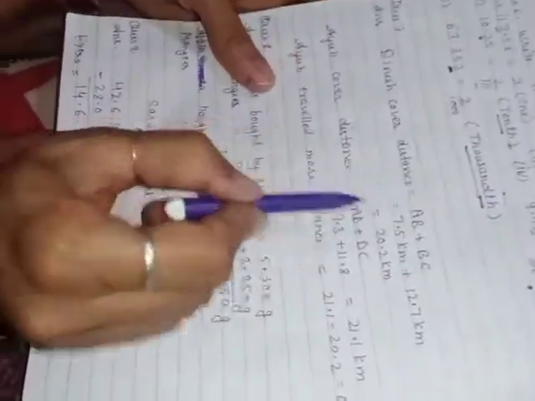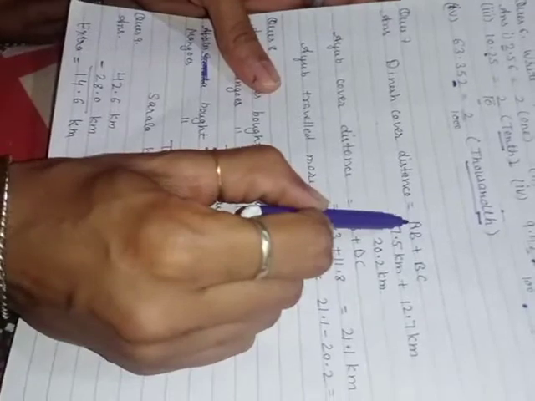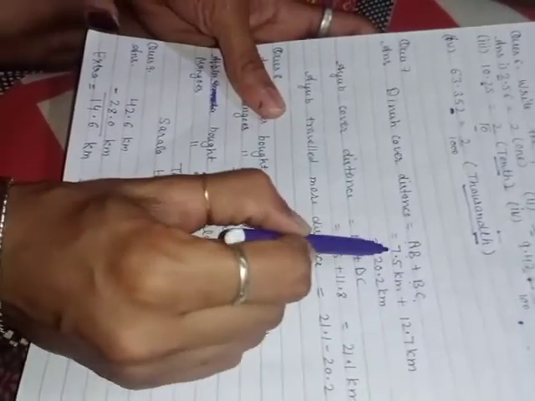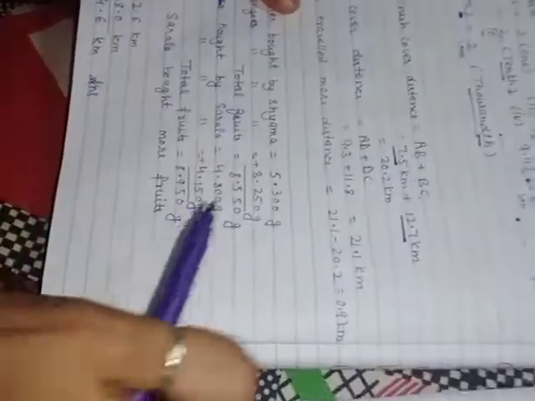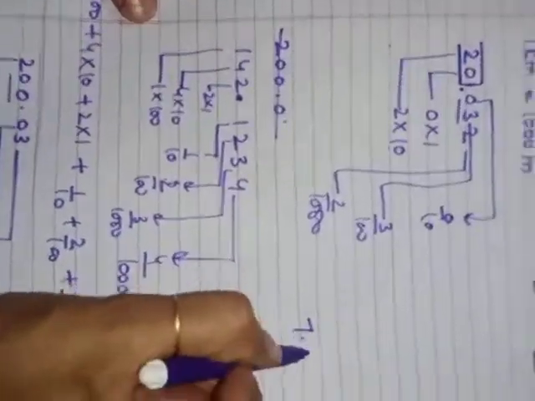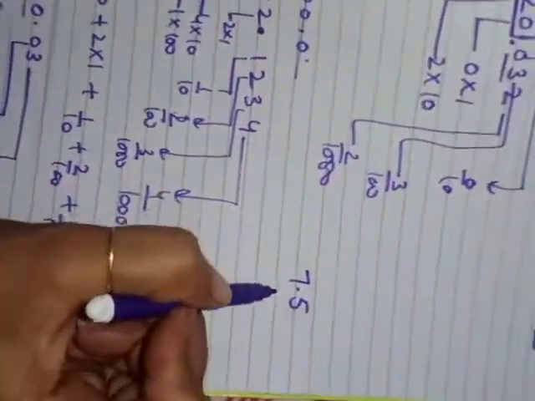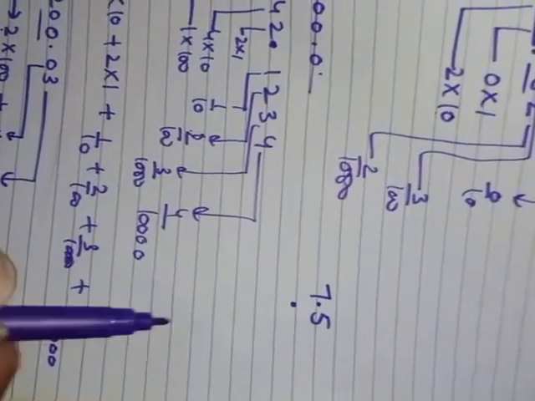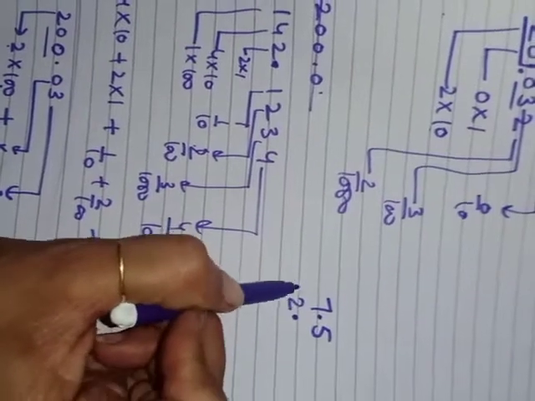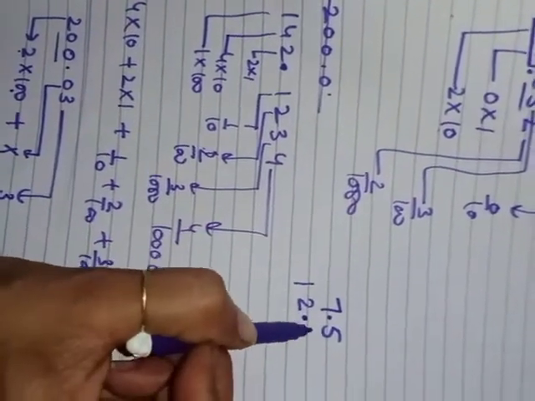The next is the seventh sum. You are given Dinesh covers a distance, he goes from A to B and then B to C, and A to B is given 7.5 and B to C is 12.7. Then how will we add the 7.5? On the decimal, just write below the decimal, write down the decimal point, and you have 12.5.